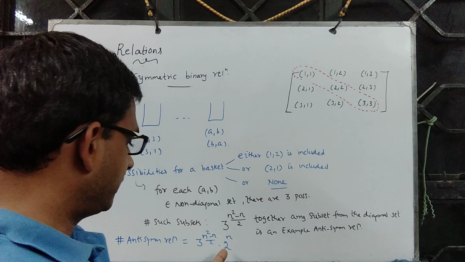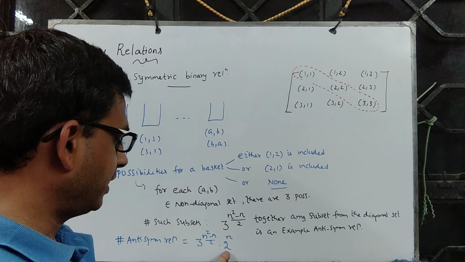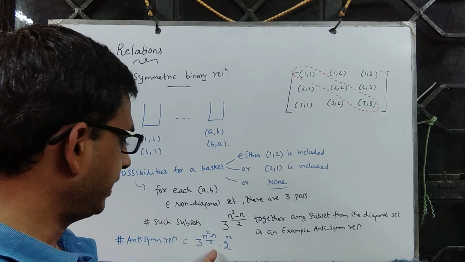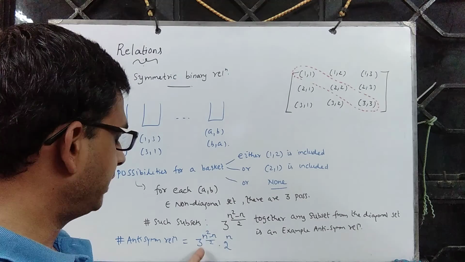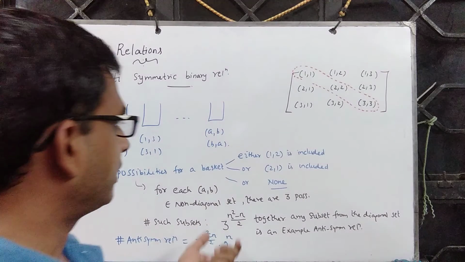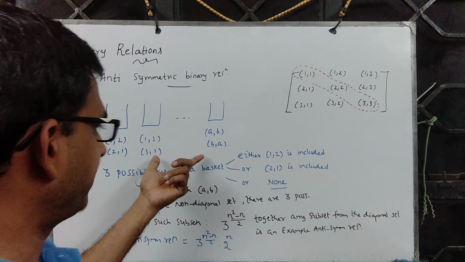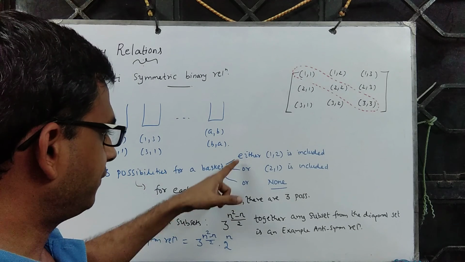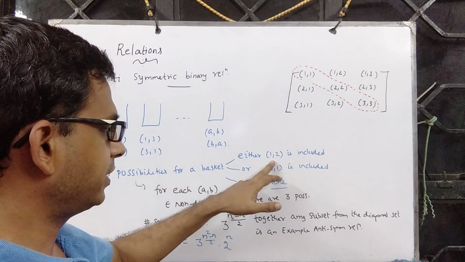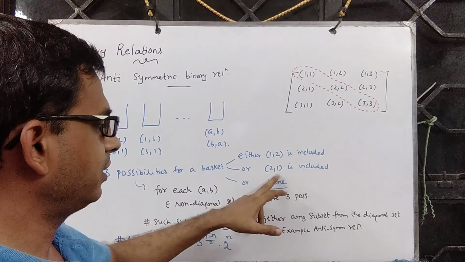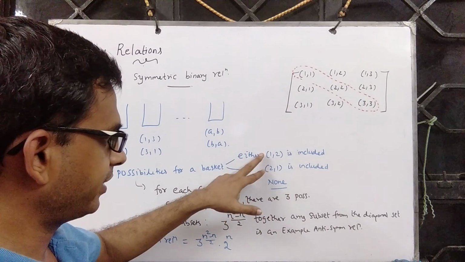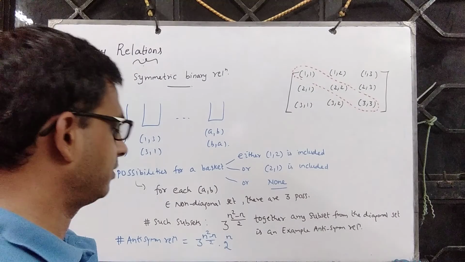The contribution from the diagonal is 2 power n. The contribution from the non-diagonal part is 3 to the power (n² − n)/2. The reason is you get (n² − n)/2 baskets, and each of them has 3 possibilities. Either (1,2) is included, or (2,1), or none. I am using either-or, which means the possibility of having both is not considered.